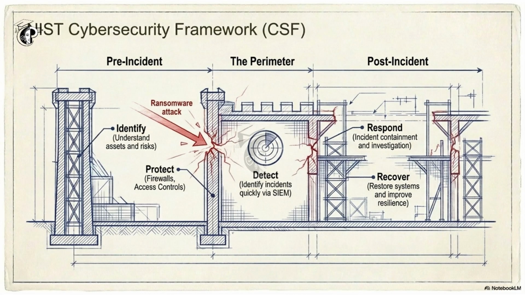If you look at your NIST security framework, you see on your screen there's a pre-incident, there's a perimeter, and then there's a post-incident. So we have been able to identify, and then we put up a firewall. But in the case of the firewall being broken because of a ransomware attack, there's a measure that has been put in place to detect that something is already going on.